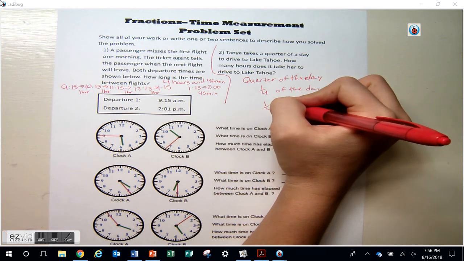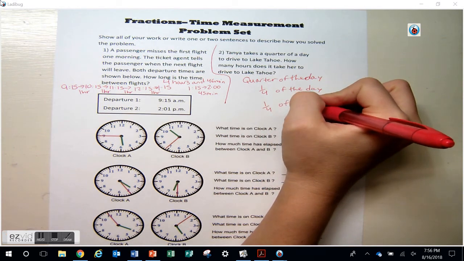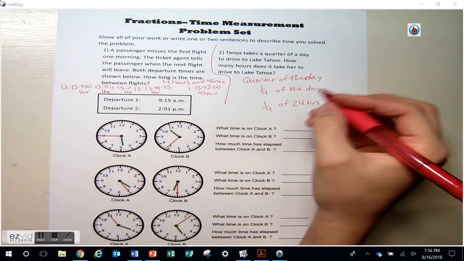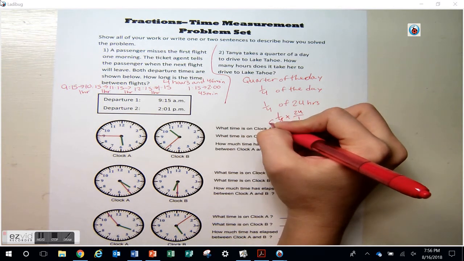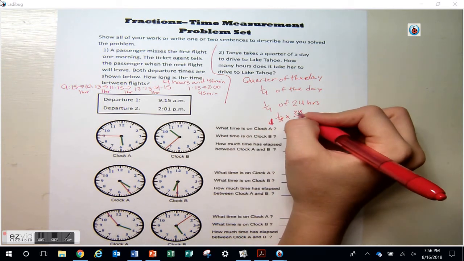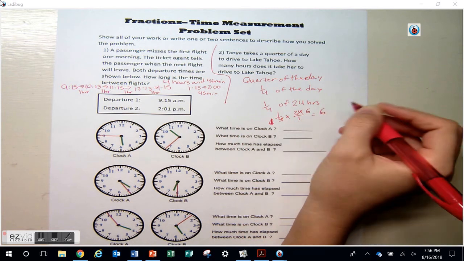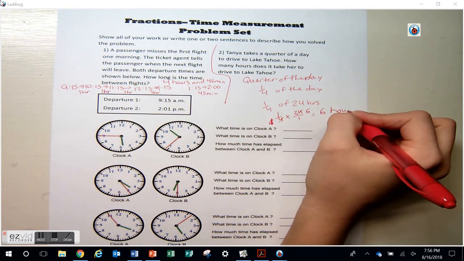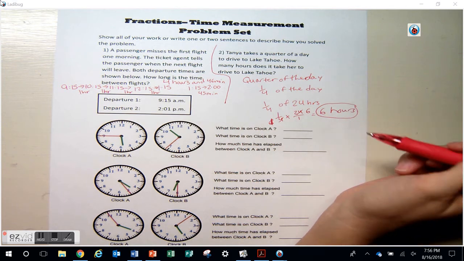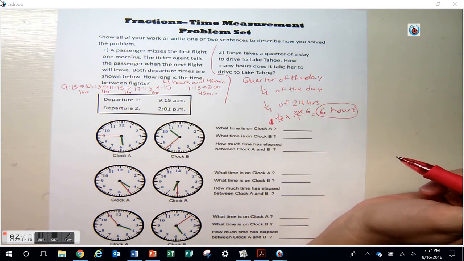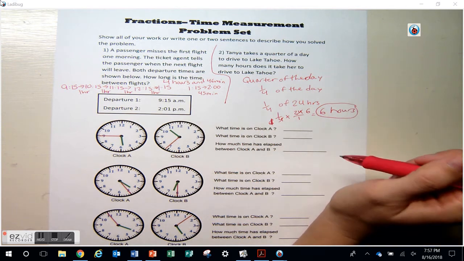Well, one day is 24 hours. A fourth of 24, divide by 4 is 6 hours. It takes her 6 hours to drive to Lake Tahoe.